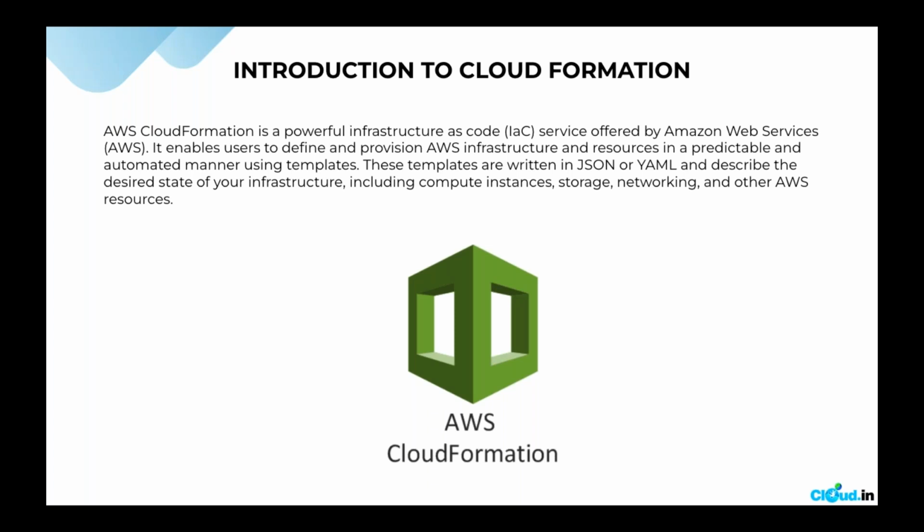For example, if you are launching an EC2 instance and a security group aligned to that EC2 instance, it will also define the dependencies between those resources. Also, you can create templates from scratch or use some predefined templates as starting points, or if you're a beginner, you can use the predefined templates that are there on AWS for your infrastructure.